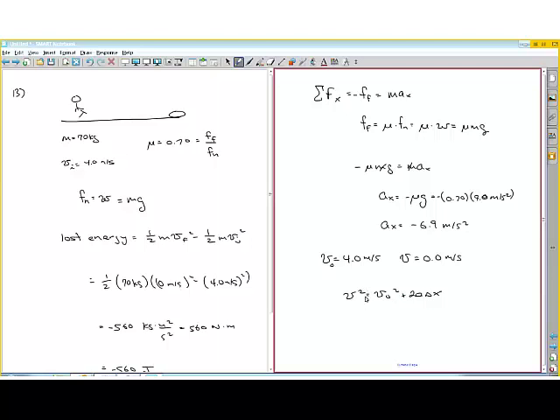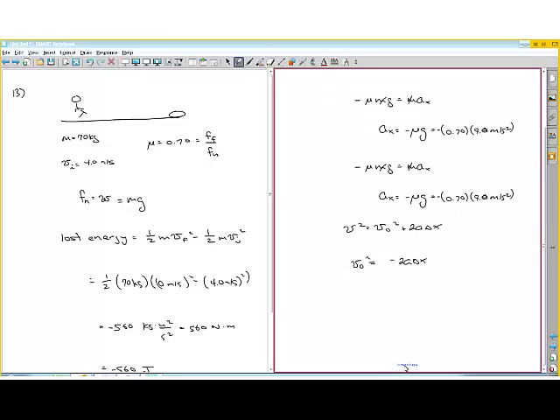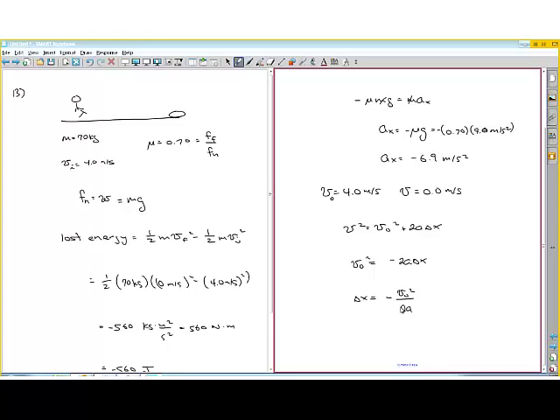This is 0, so you get v0 squared is equal to negative 2a delta x. You can solve for delta x, so delta x is equal to negative v0 squared over 2a. So you get negative v0, which is 4.0 meters per second, square that, divide by 2 times acceleration, which is negative 6.9 meters per second squared.